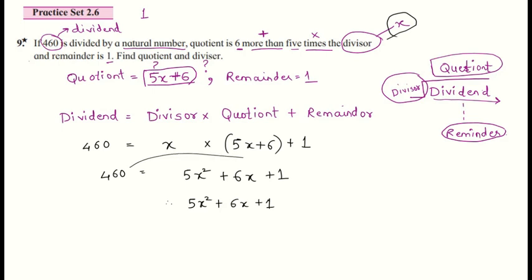Bring 460 to the left hand side, it becomes minus 460, equal to 0. So we get 5x square plus 6x, and 1 minus 460 is minus 459, the sign of the bigger number being minus, equal to 0.